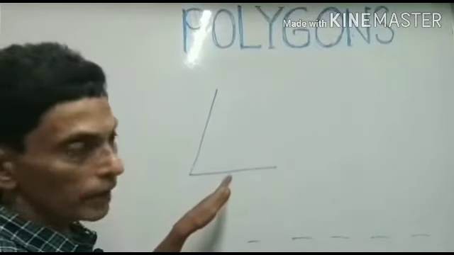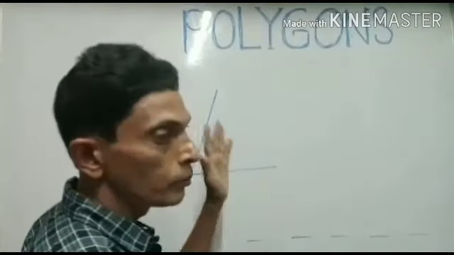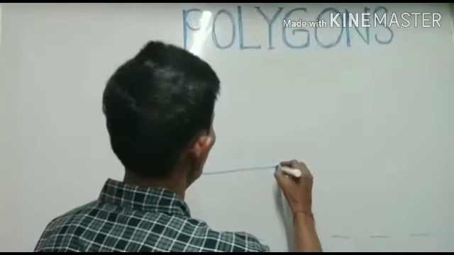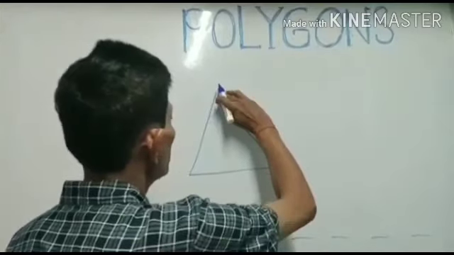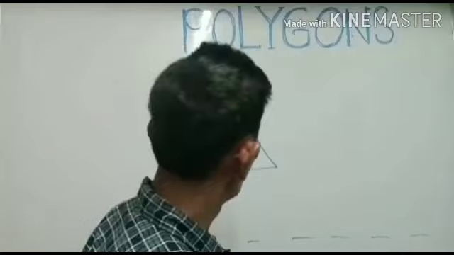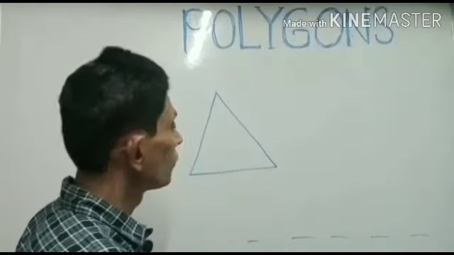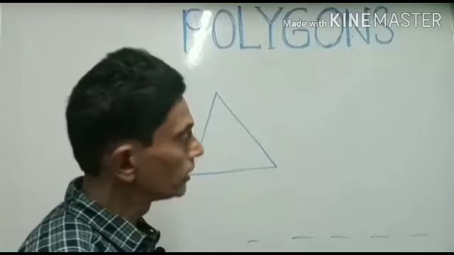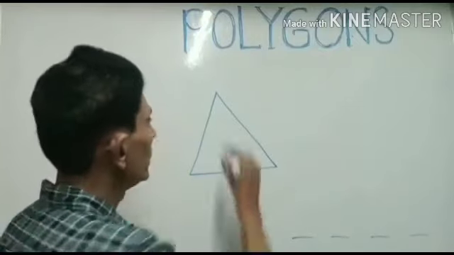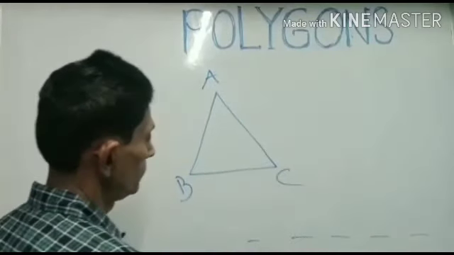Here I have drawn 2 line segments, but with these 2 line segments it is not forming any polygon or triangle, so I have to take one more side. Now it becomes a triangle or polygon. So the definition of polygon: a closed figure which is formed of 3 or more than 3 line segments is called a polygon. Suppose ABC is a polygon, meaning a triangle.